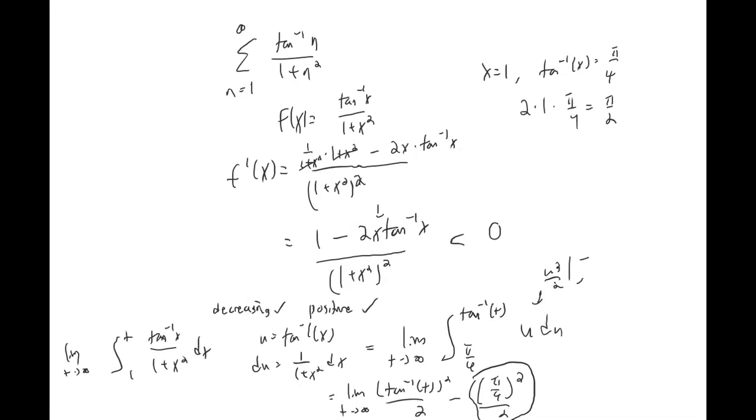Pi over 2. In other words, it's a finite number, right? And when I subtract two finite numbers, this thing converges. Like I don't even care what the number is. I just care it converges. And then so the sum converges by the integral test.